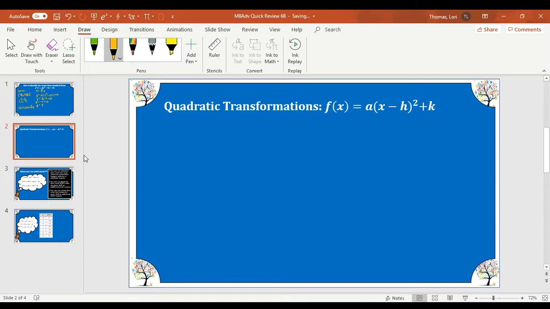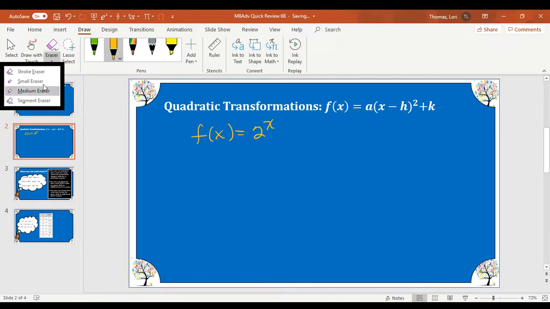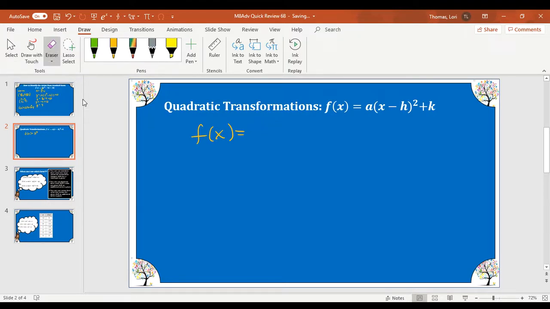Okay, just a quick reminder of quadratic transformations. You're always transforming from the parent function f of x equals, oh, excuse me, erase that. That would be the exponential. f of x equals x squared, quadratic.